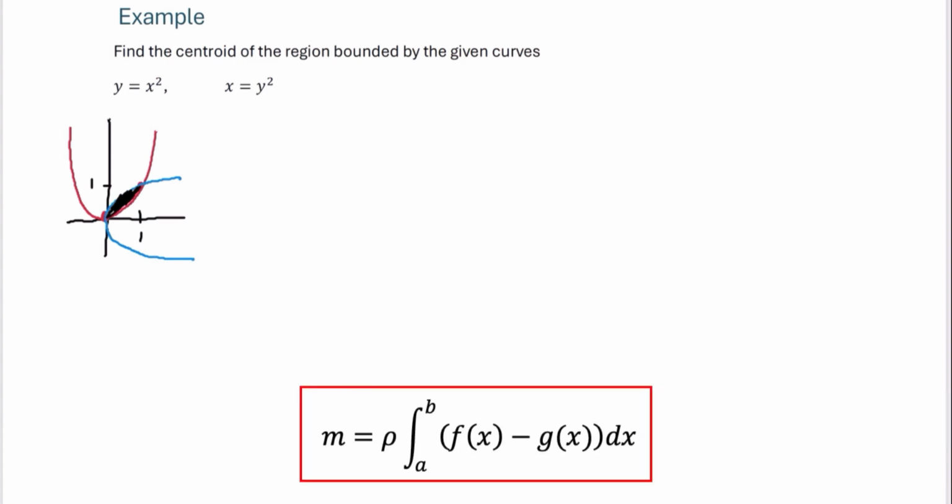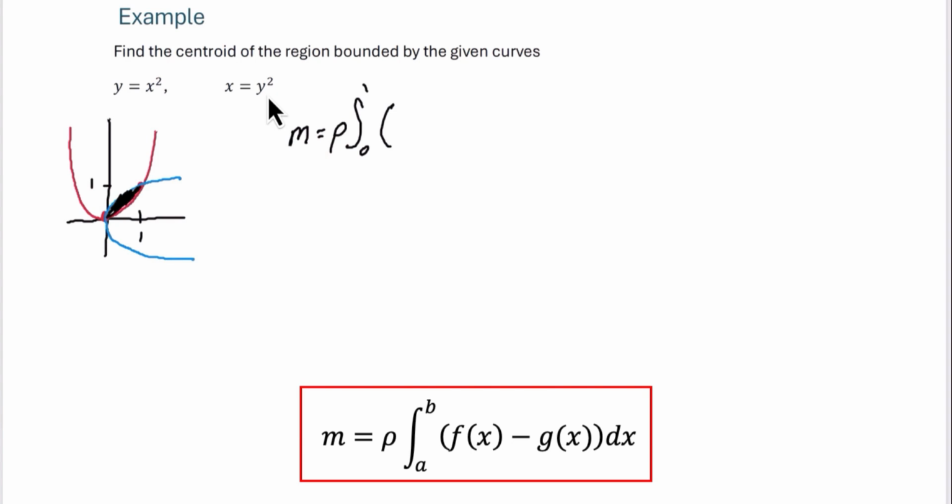First, we'll calculate the mass. We have rho times the integral from 0 to 1 of f of x, which in this case is the upper curve. X equals y squared.